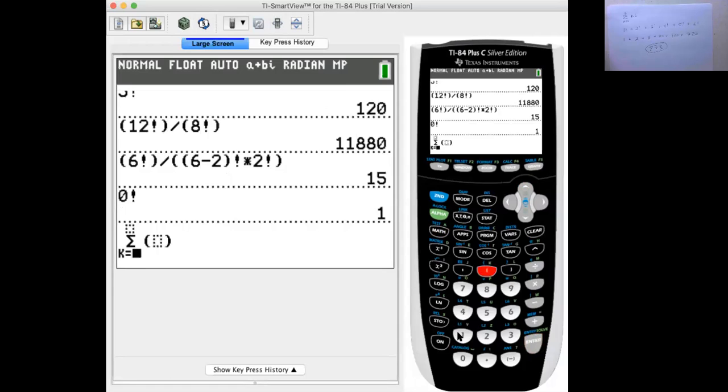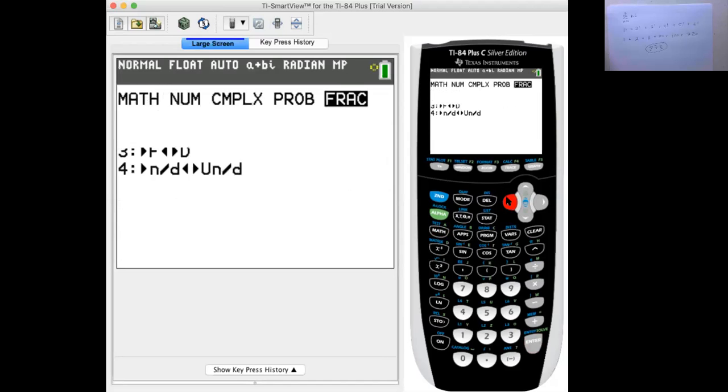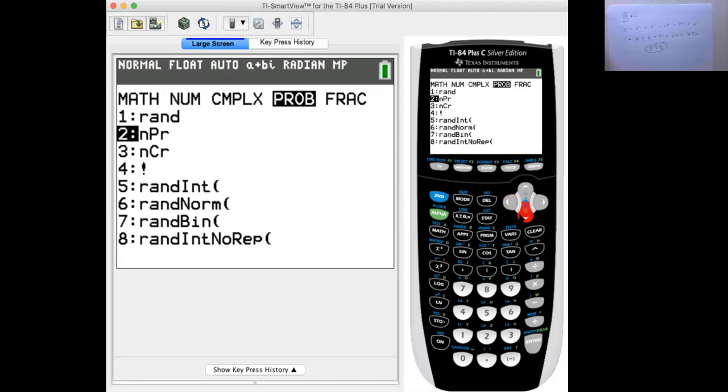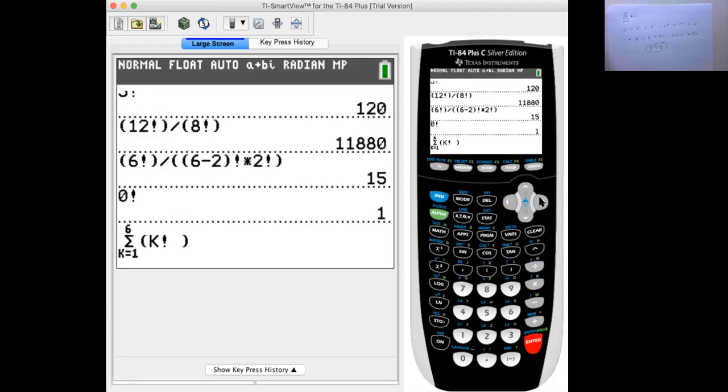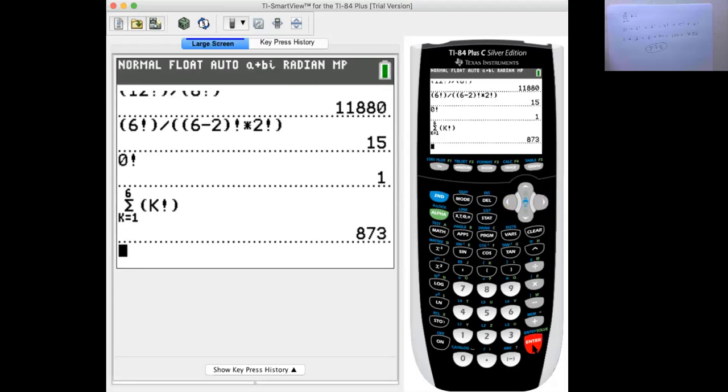K goes from 1 to 6, arrow, not enter. 6, arrow, not enter. K factorial, so alpha k. K is there. Factorial, remember where we find the factorial, math, PRB, down to number 4, and we get this. And we can arrow it over if that bothers you. It bothers me a little bit. And hopefully we get 873, and we do.